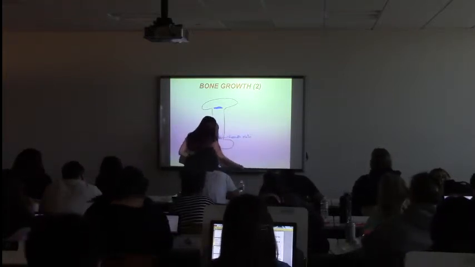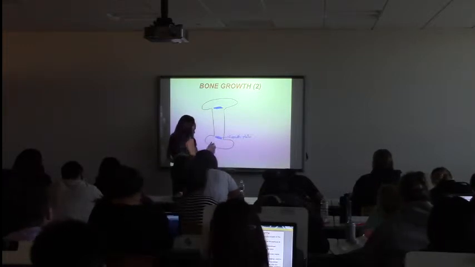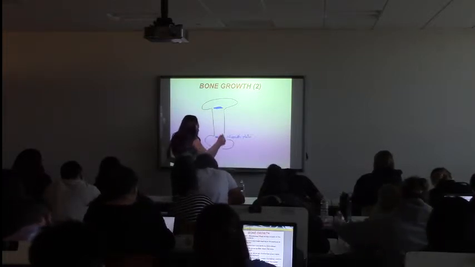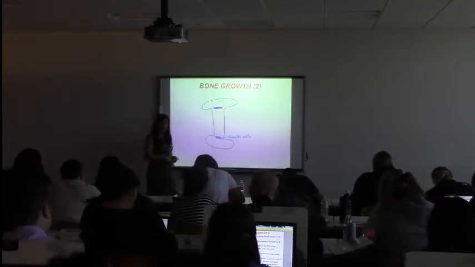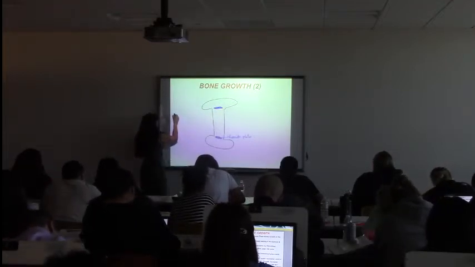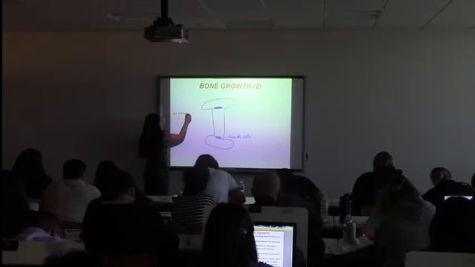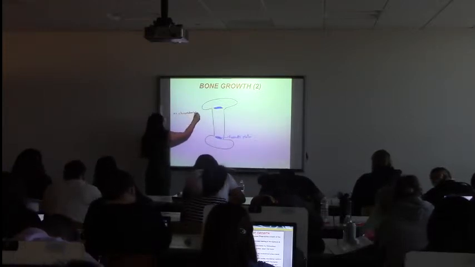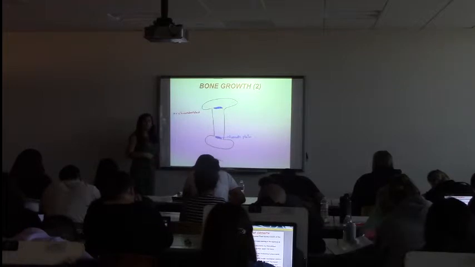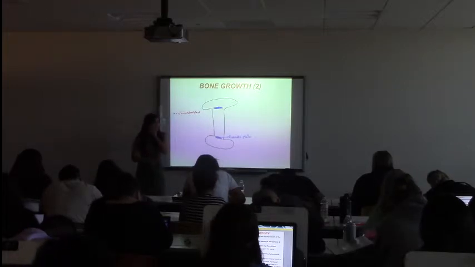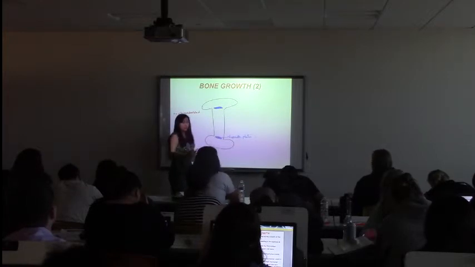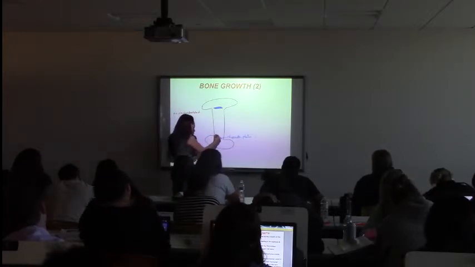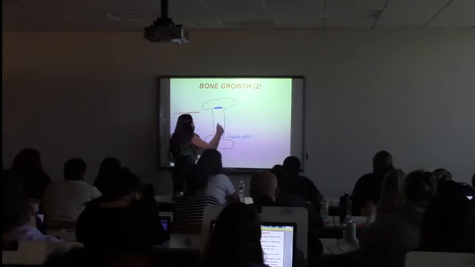Now, the growth plate actually contains chondroblasts. What does this chondroblast do? They actually tend to produce hyaline cartilage.